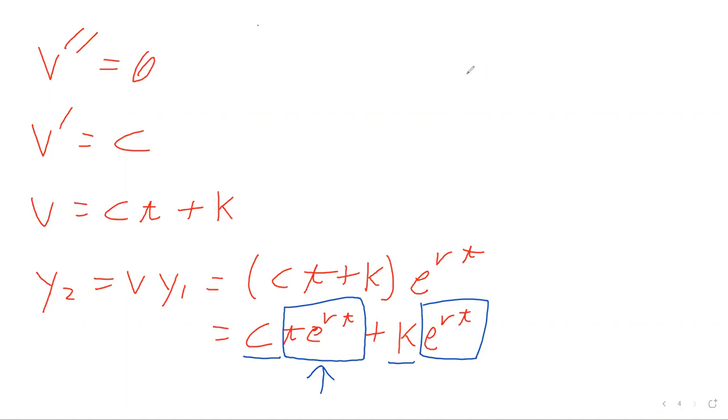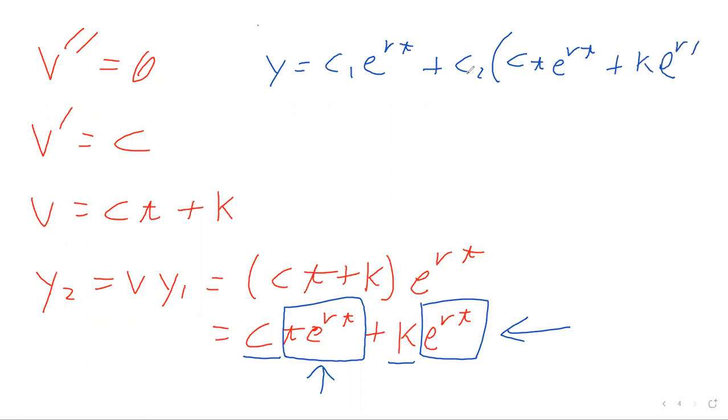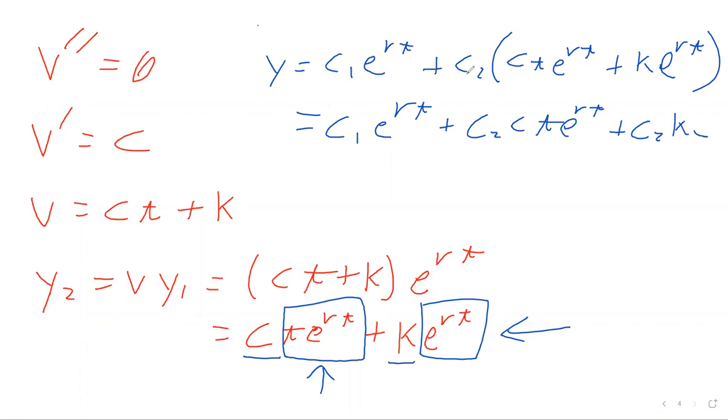Now, another way of convincing you that this is not needed: whenever we do our overall solution, C1 times Y1 plus C2 times Y2, if we write the whole thing out and then distribute, we can then rewrite by grouping things together.